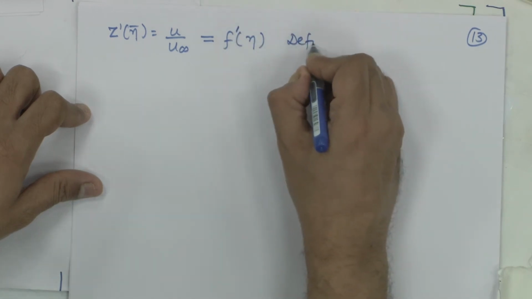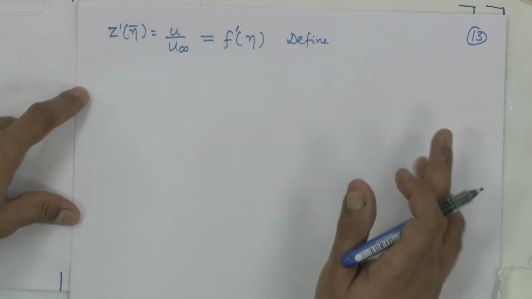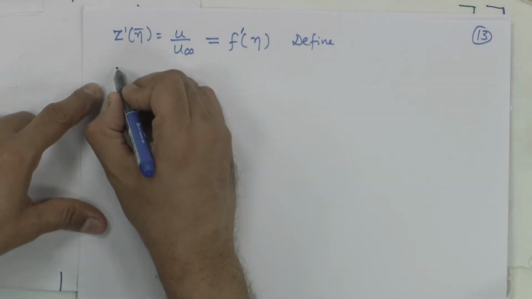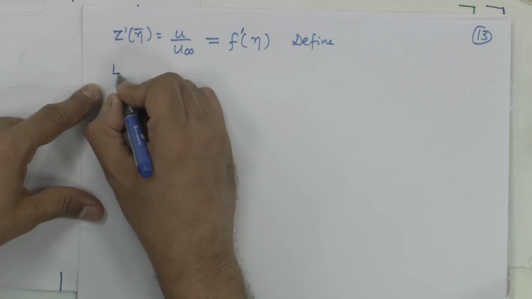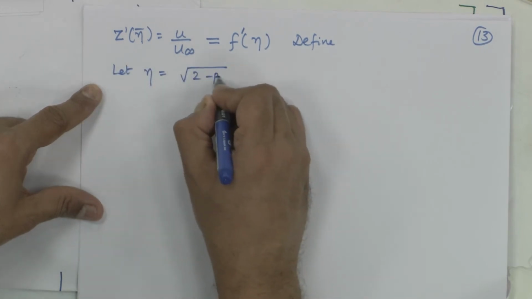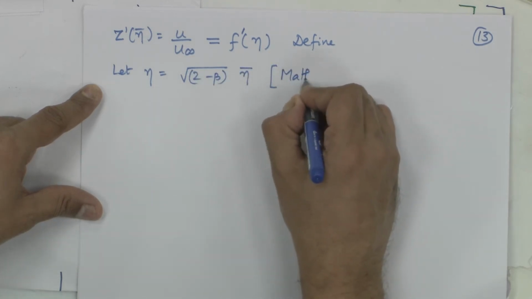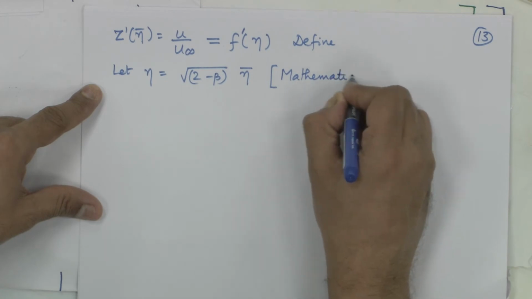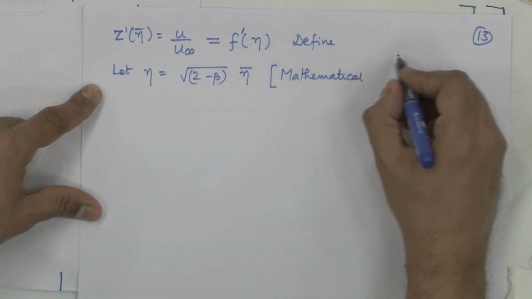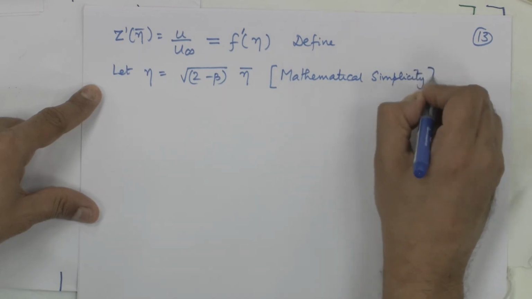This is a new definition where we are going to clean up this eta bar to eta and a factor of 2 minus beta will come. So, let eta be under root 2 minus beta times eta bar. This is only for mathematical simplicity.